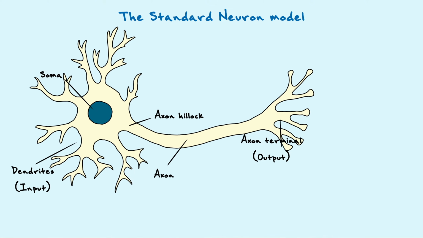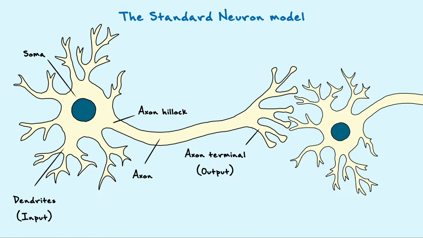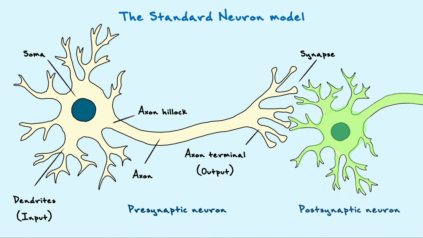At the output, the standard neuron forms connections with adjacent neurons. The connections are named synapses. The signaling cell is thus referred to as the presynaptic neuron, and the receiving cell is referred to as the postsynaptic neuron. You can think of presynaptic as in before the synapse, and post as after the synapse.